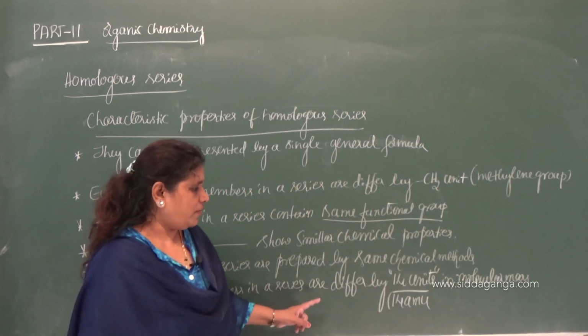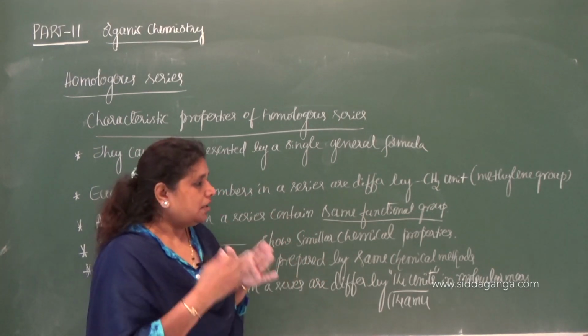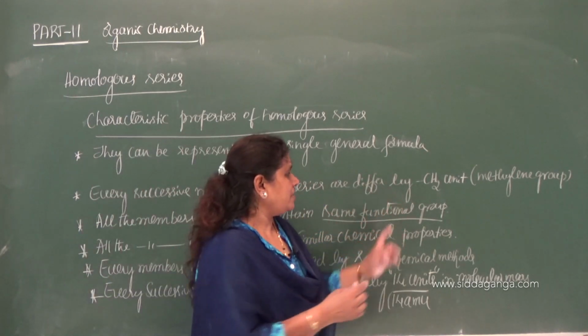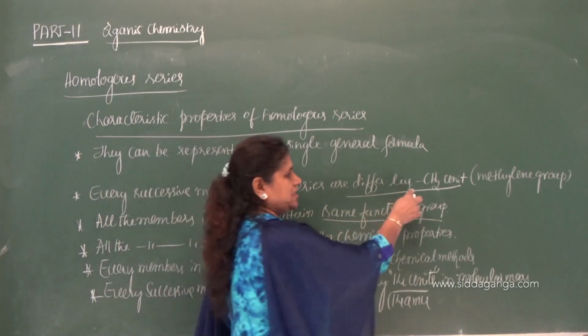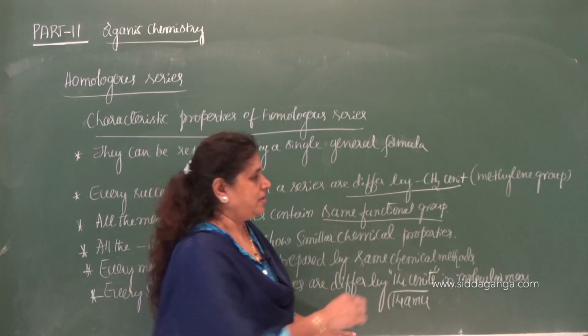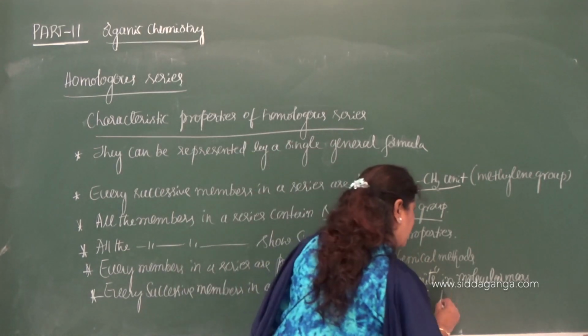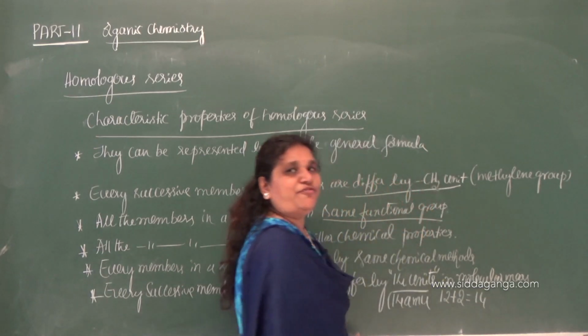Why do every successive members in a series differ by same units in the molecular mass? Because every successive member in a series differs by CH2 unit. So since they differ by CH2 unit, what is the molecular mass of CH2 unit? Carbon is 12 plus 2 hydrogen atoms, total it will be 14.